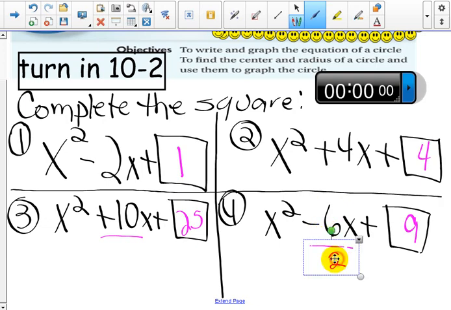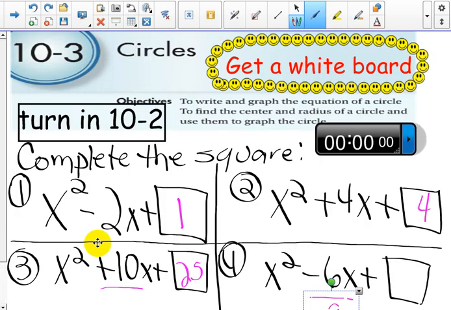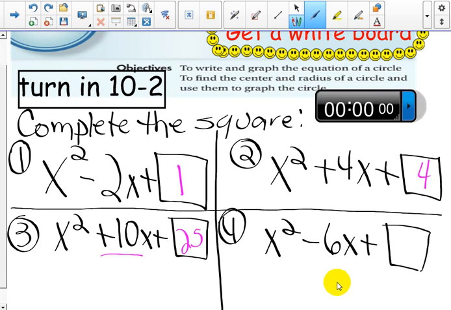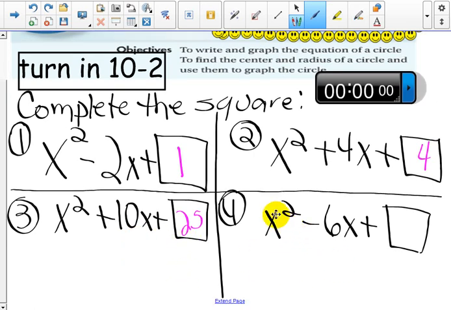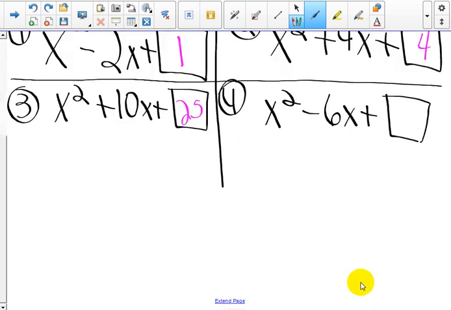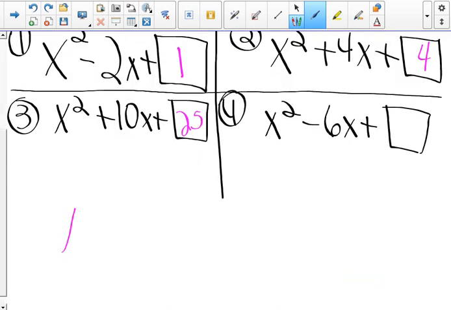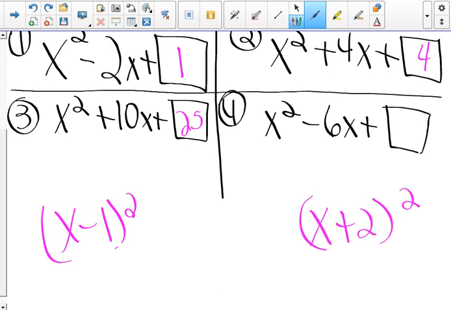If we were to rewrite these, we would rewrite number 1 as x minus 1 squared, and number 2 would be written as x plus 2 squared.